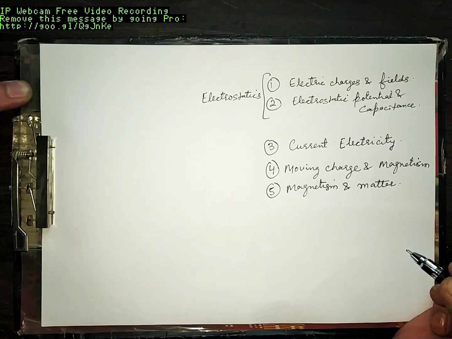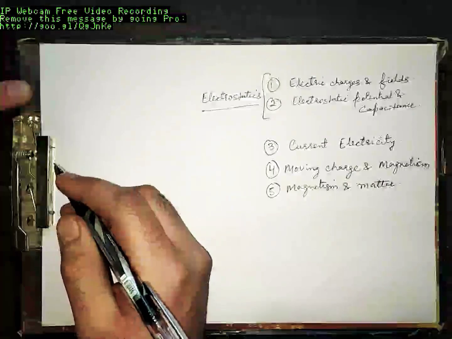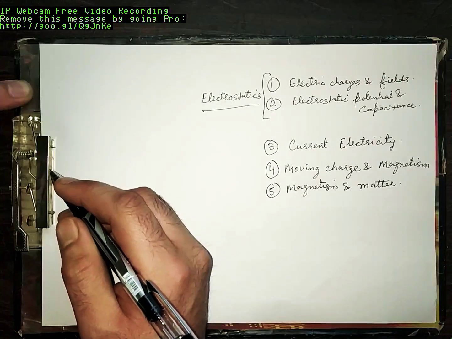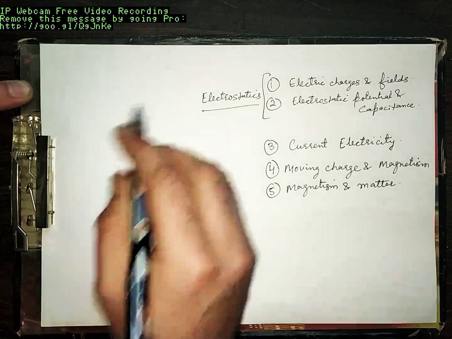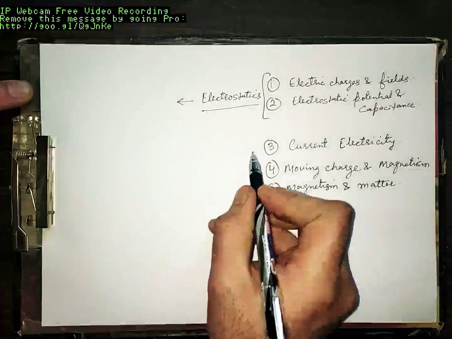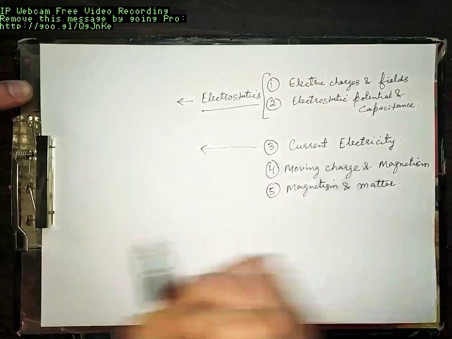Let me remind all of you that we defined electrostatics as that part of physics where we study the physics of charge at rest. Here charge was supposed to be at rest. Then we studied whenever the charges are in motion, you call that current electricity.